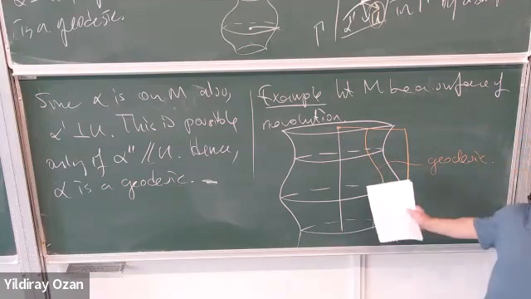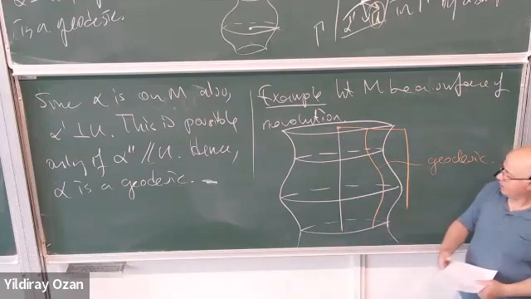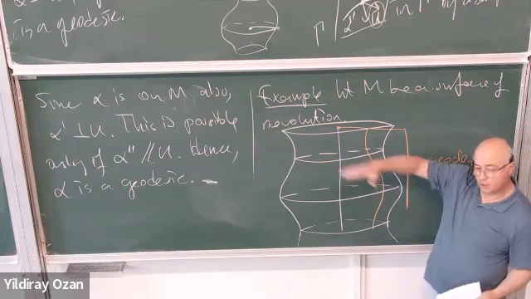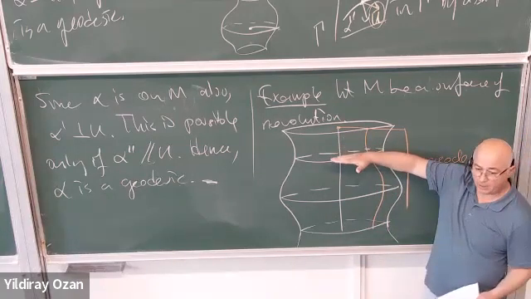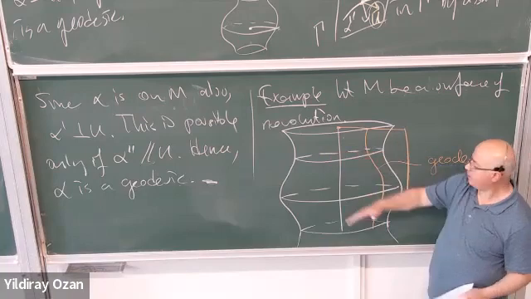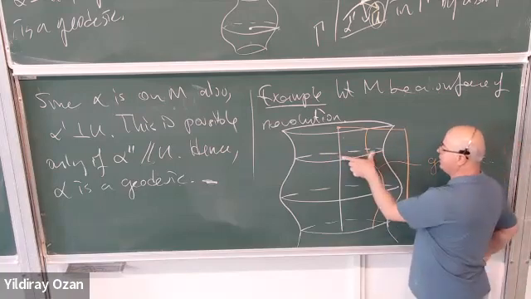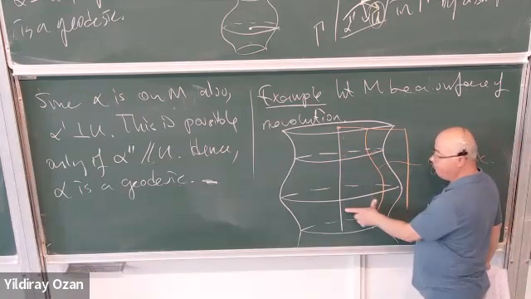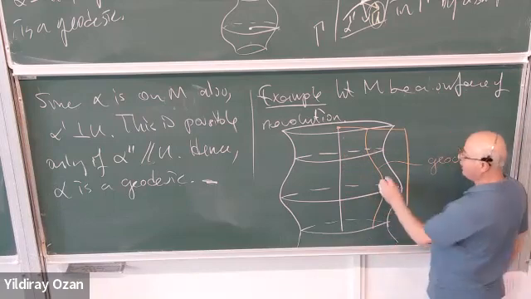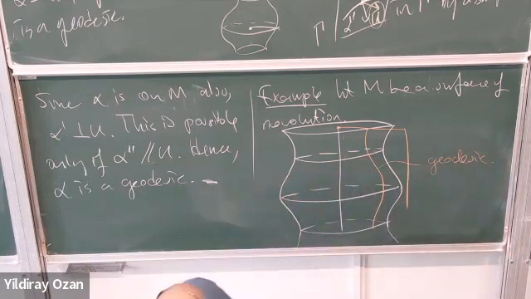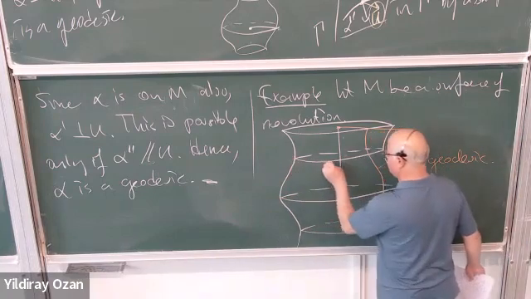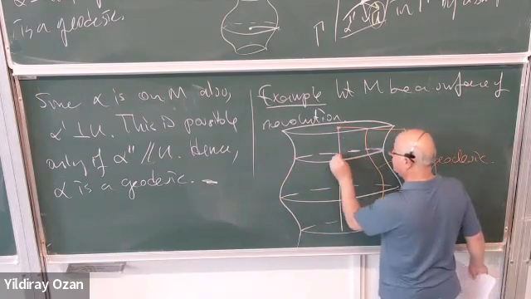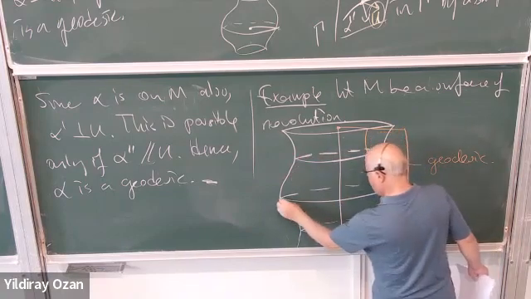And I told you another type of geodesic. This time you cut your surface with a horizontal plane, but you have to cut it at a point where the radius is either minimal or maximal. If you do that, again, your plane will be perpendicular to the surface, and you will get this curve.